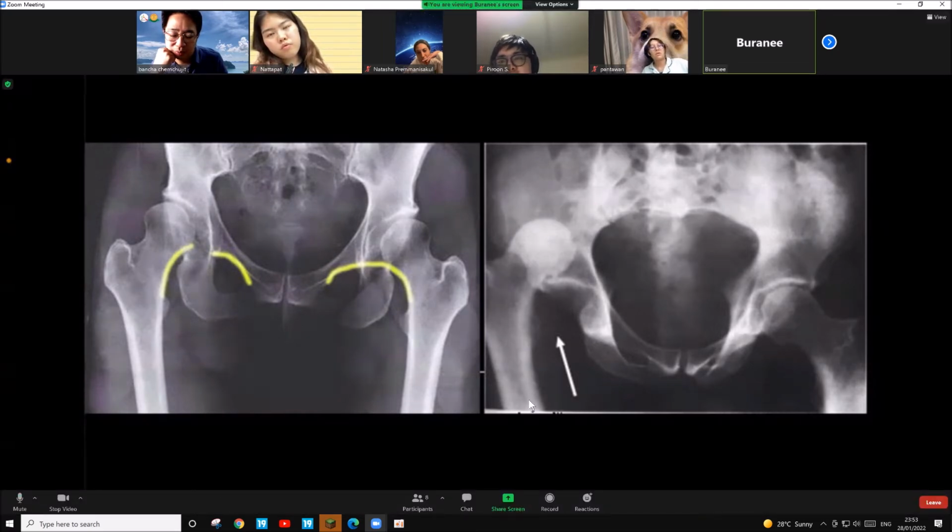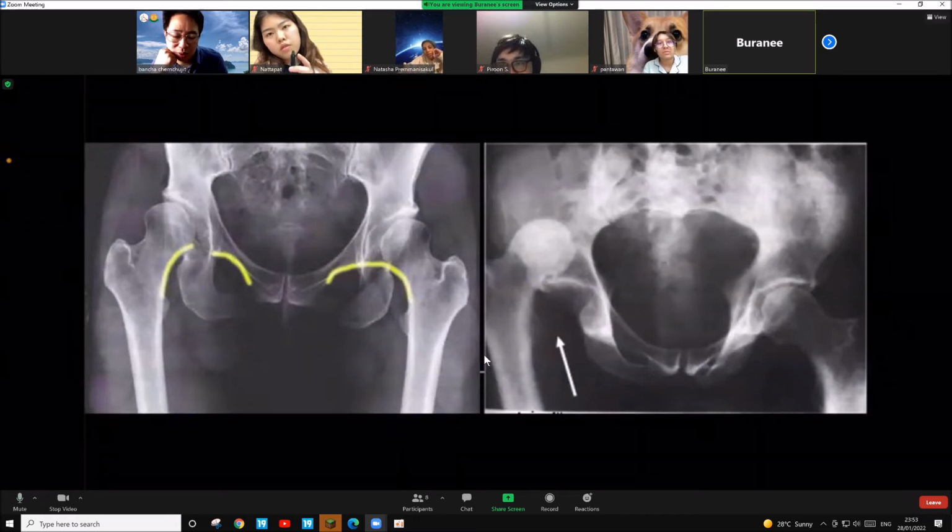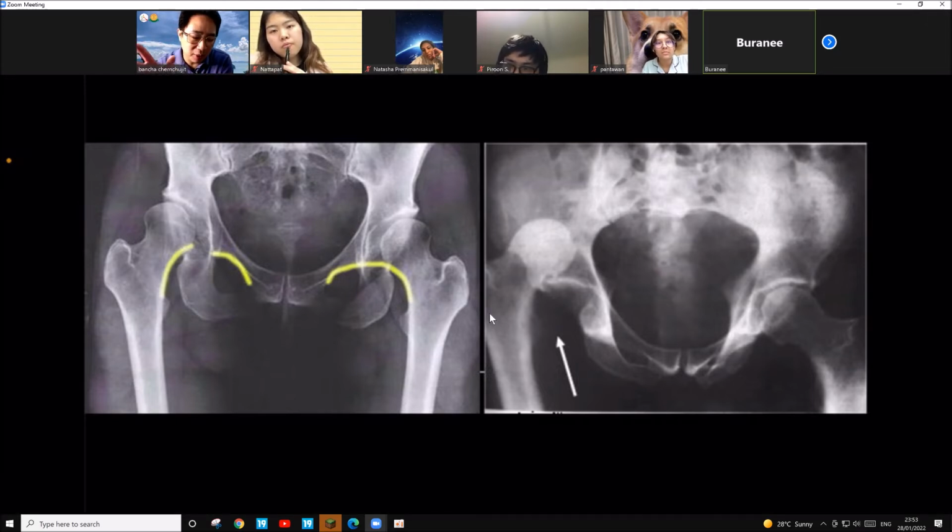The posterior dislocation, because the femoral head is smaller than the acetabulum. Smaller or bigger is difficult to interpret sometimes, right? The important thing is the position. What is the position of the hip? The hip is in flexion.